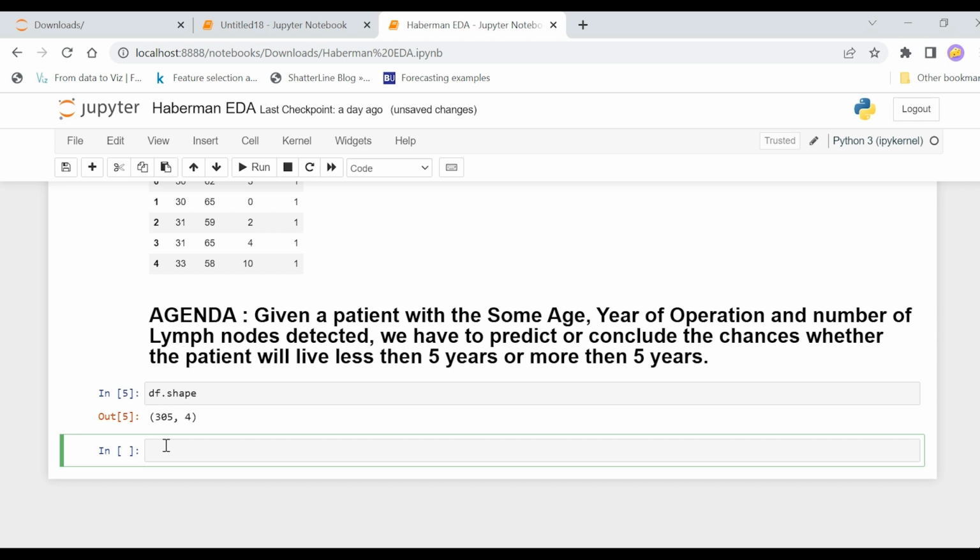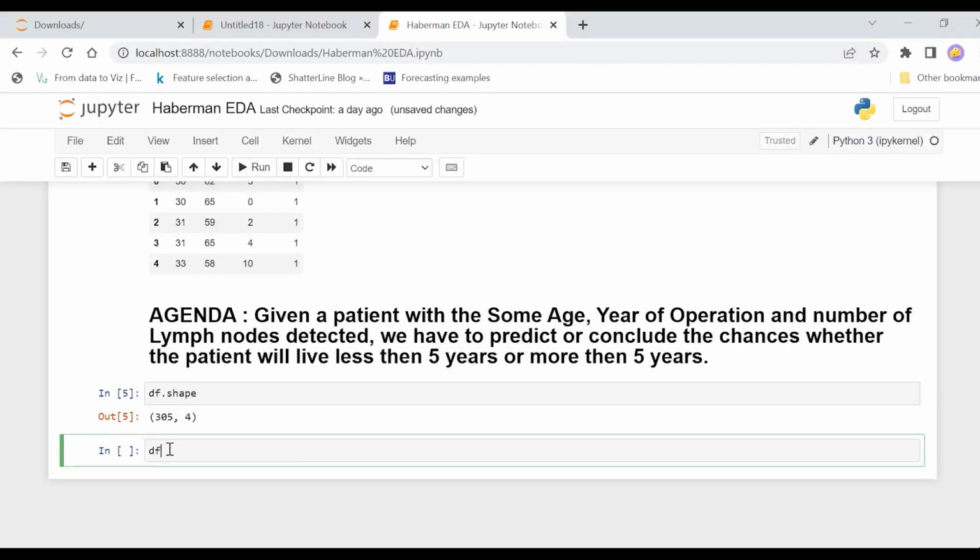If the dataset is above 50,000 or 1 lakh rows, then something that happened once out of 1,000 times can give you much more confidence. But for educational purposes, we are going to see how we can use this dataset to get the patterns. So there are 4 features and these many rows.